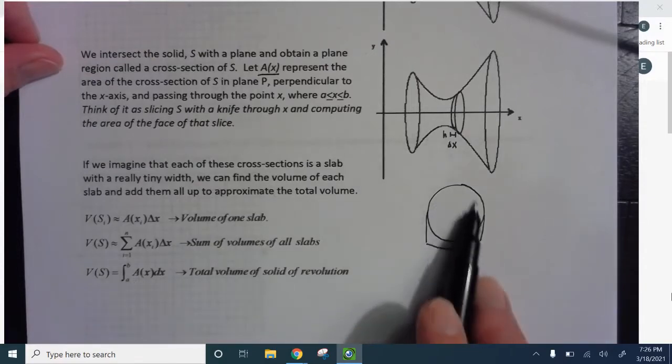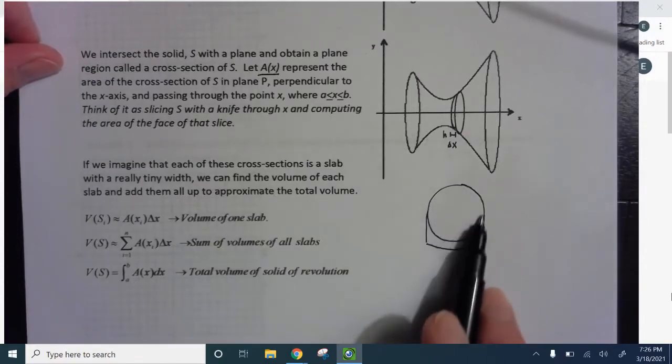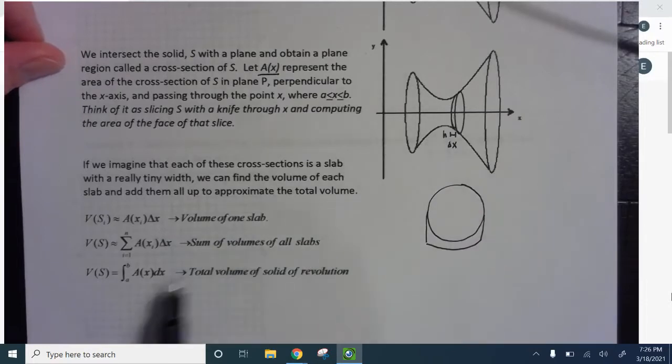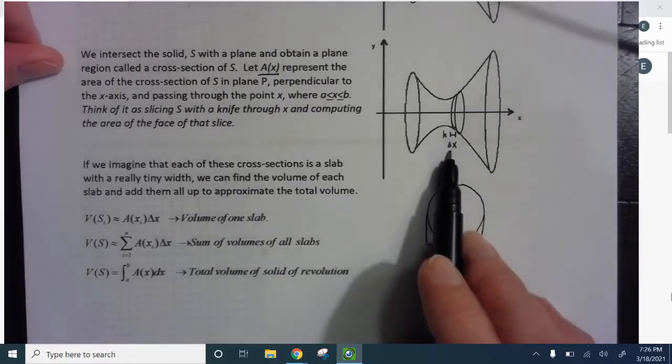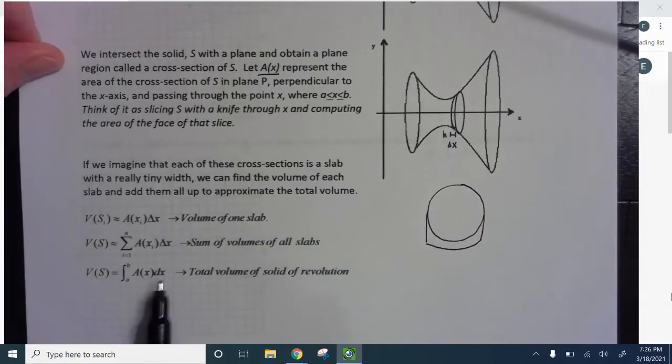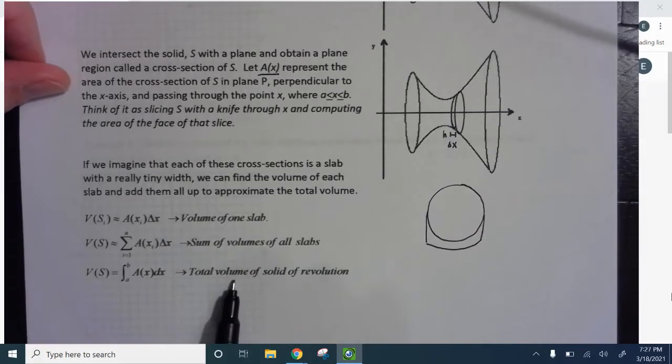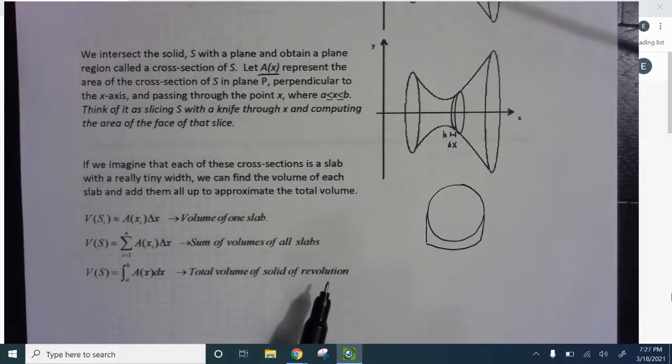Again, the area is the area of the face of your cross section times the height, and the height is our delta x, which we would represent as dx in our formula. So the total volume of this solid of revolution, in this case about the x-axis, is the integral from a to b of the area of the face times the height, or delta x.